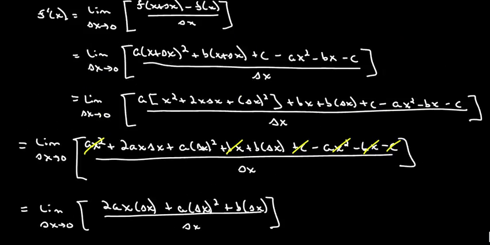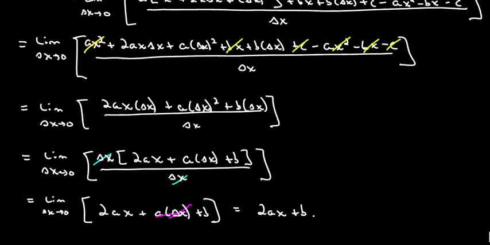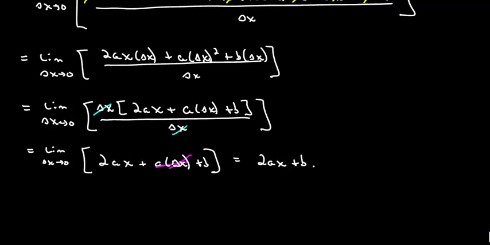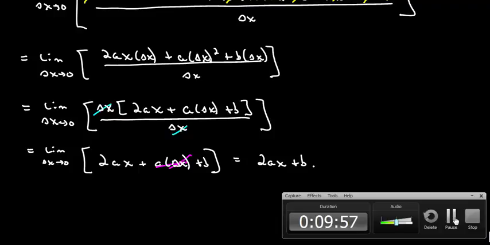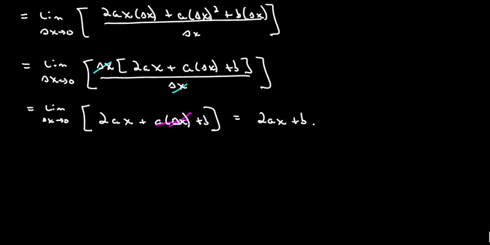Well, that told us that if we take this power, drop it down, and multiply it, take this power, drop it down, multiply it, and subtract 1 from the power, we end up getting this value. And I'll make that more clear at the end of this video, or in the next video, depending on time.